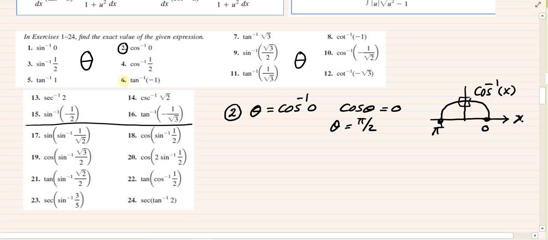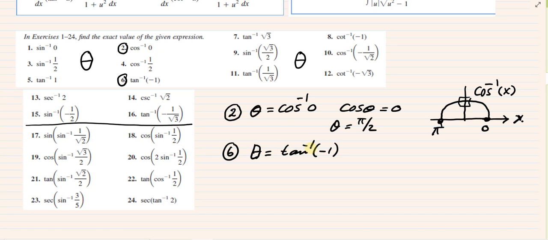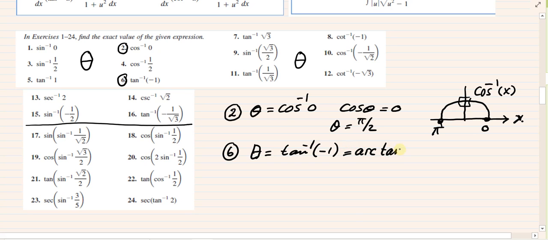Now if I look at, for example, number 6. In number 6, again, I'm going to write theta is equal to tan inverse of -1, or arc tan. By the way, the inverse is also called arc. So tan inverse is also, some books write it as arc tan of -1.